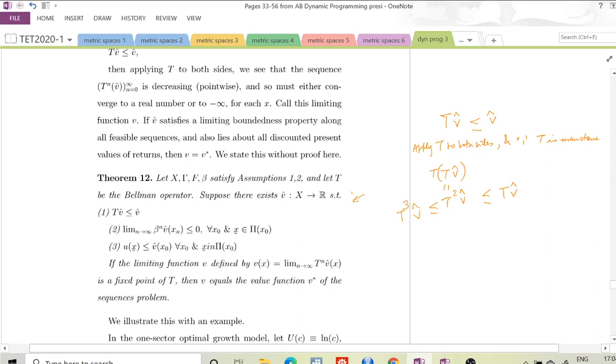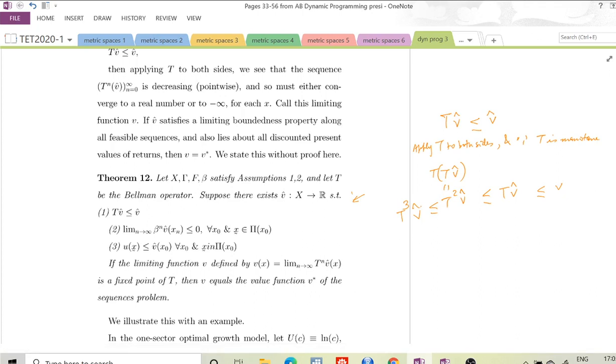So if I start with a v hat, by the way, these inequalities are all interpreted pointwise, so at every x, I'll have a decreasing sequence at any x. And we know that a bounded decreasing sequence will converge to its infimum. If it's not bounded, it will converge to negative infinity.